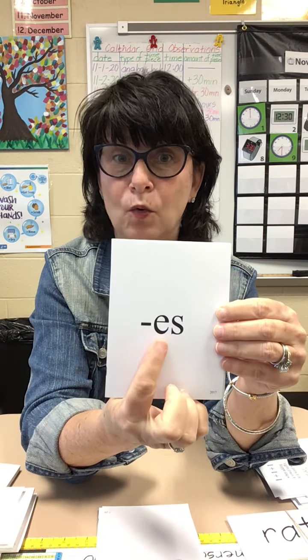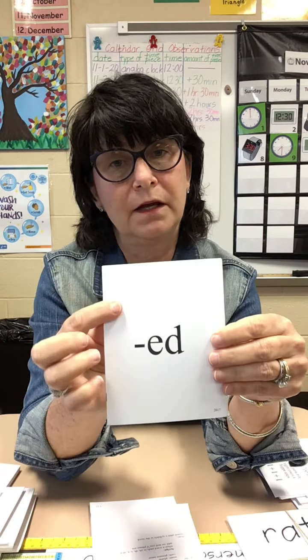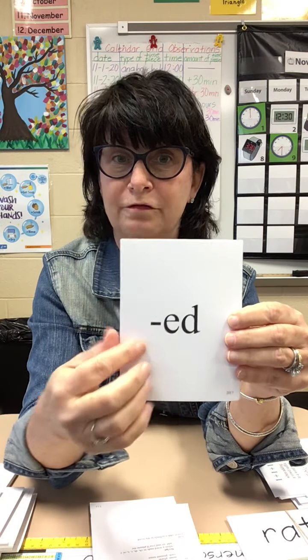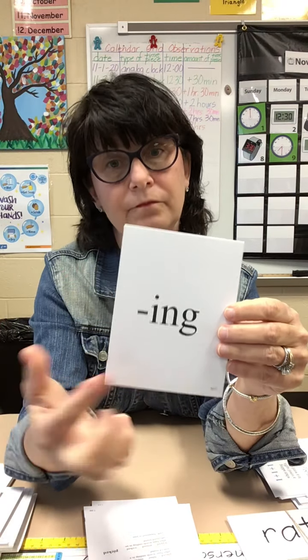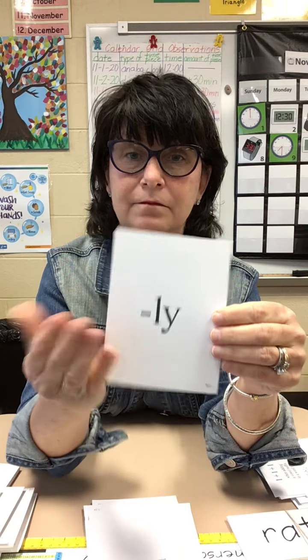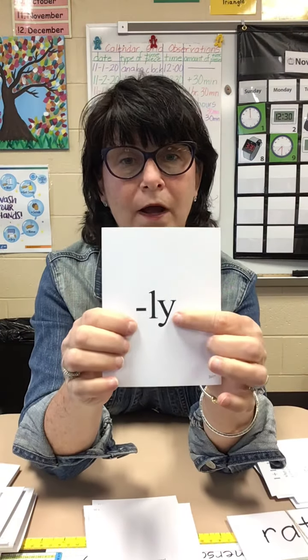This is a vowel suffix, right? Ed, d, t. This is also a vowel suffix. Ing, vowel suffix. Lee. Very good. Remember when you see that Y on the end, it makes the long E sound. Lee.